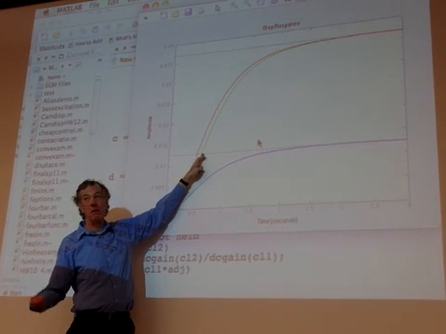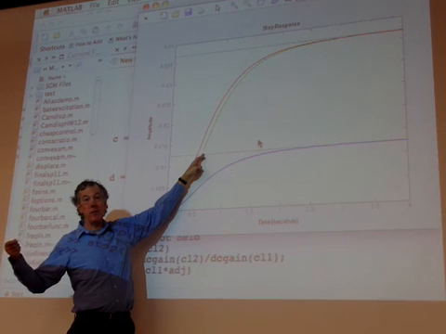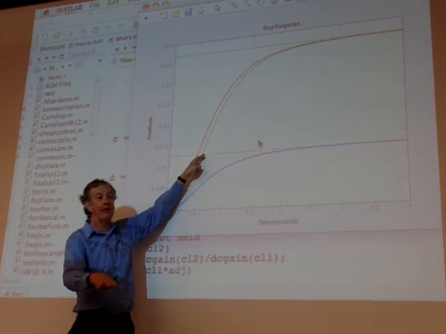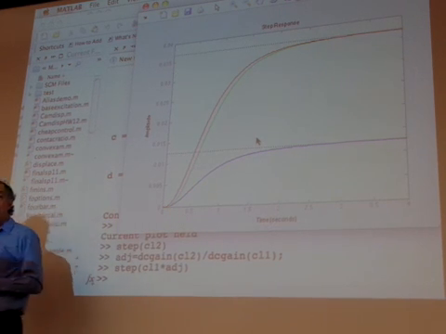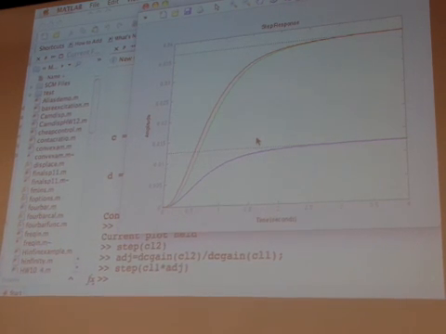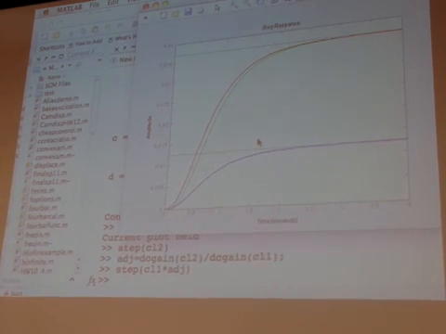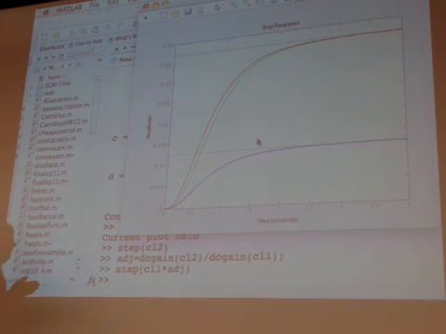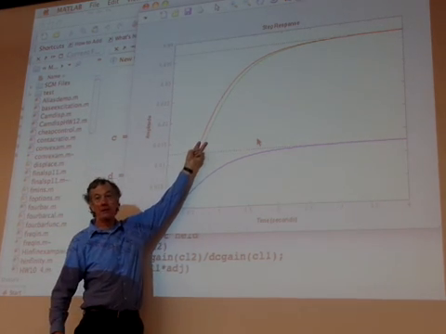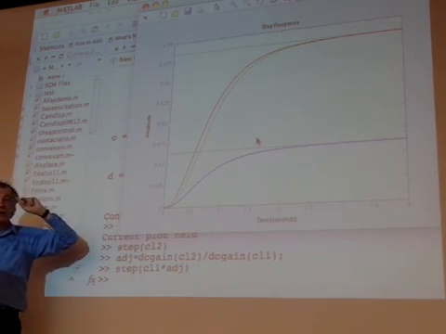The green one is the observer estimating the states and then feeding it back. Notice it's a little bit slower. Does that make sense? Yeah, because it's trying to calculate an estimate of what these states are, and it takes time to do that, so it's a slower system.